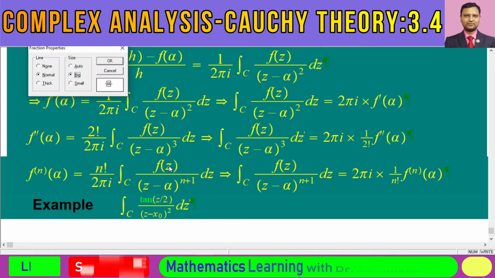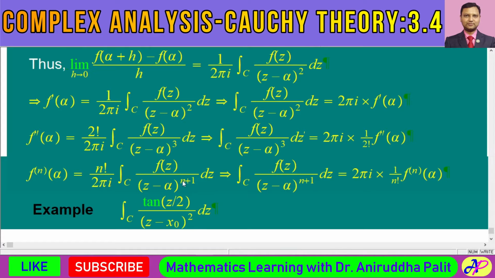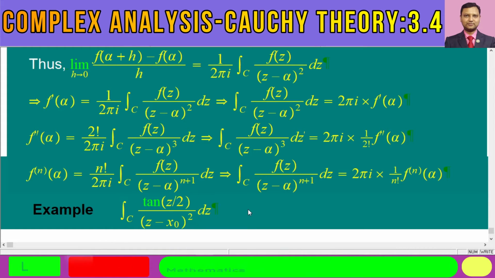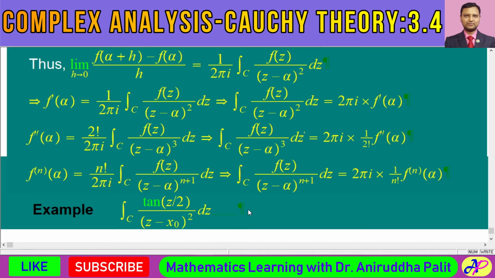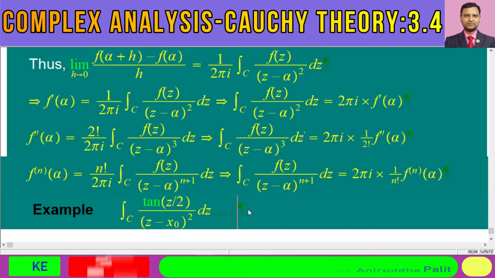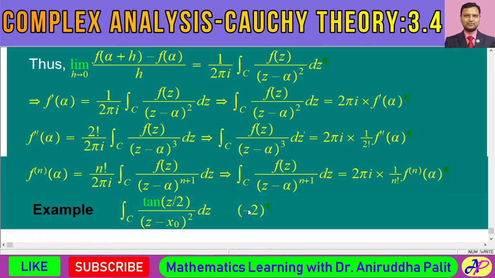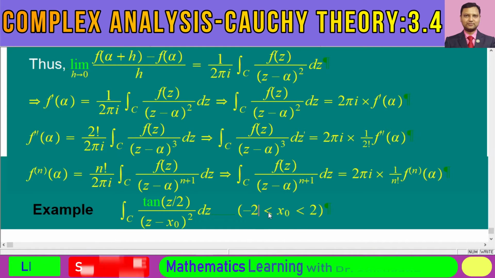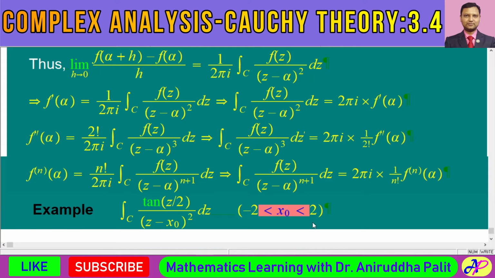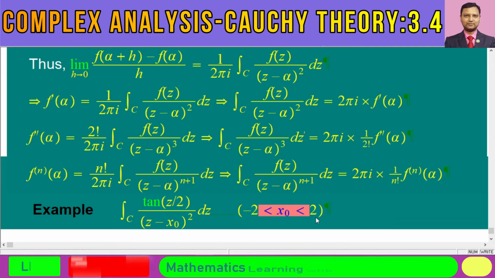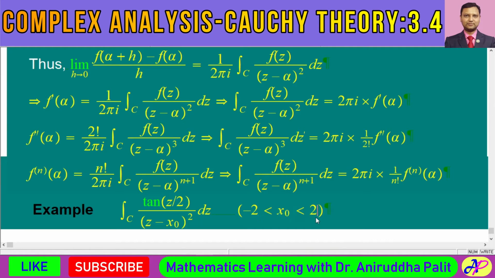Let me make it a bit larger. So this is the integral, and it is given that minus 2 is less than x0 less than 2. So x0 is actually a real number, because only for real numbers is this inequality meaningful; for complex numbers, these inequalities do not hold.